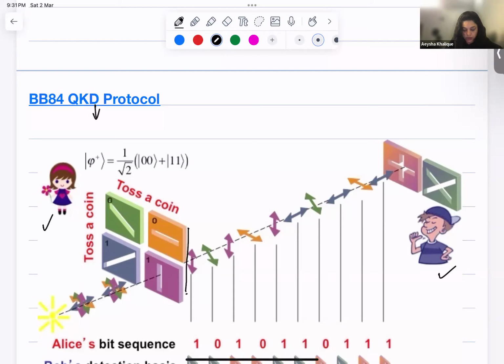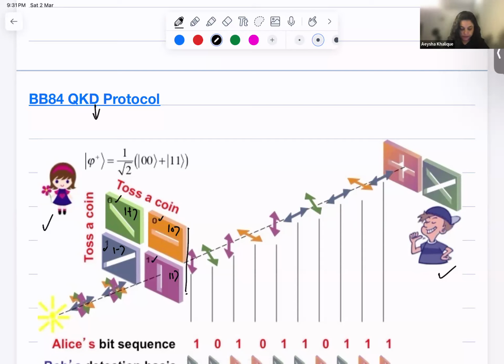This is the other one, which has the 2 diagonal ones. The plus is given the bit value 0, and the minus is given the bit value 1. The horizontal polarization 0 is given the bit value 0, and this 1 is given the bit value 1.